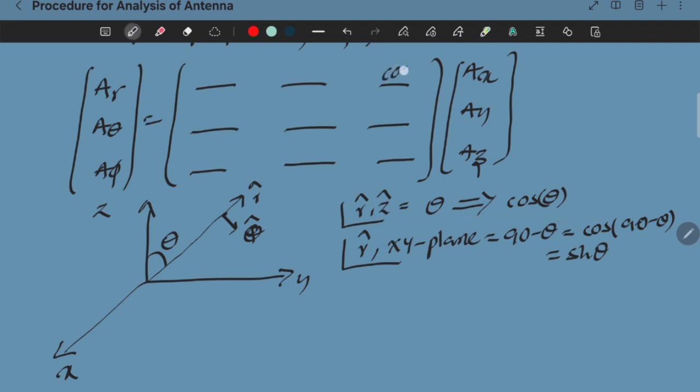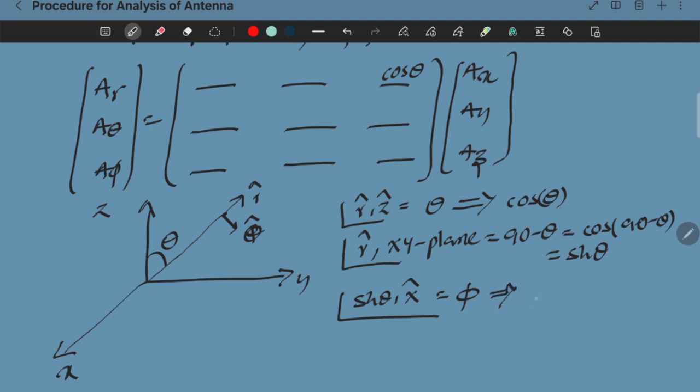So I'm writing here cos theta. Then the projection of r cap on the xy plane is given by this angle, that is sine theta. Sine theta is the projection of r cap on the xy plane. But the angle between sine theta and the x axis is nothing but phi.